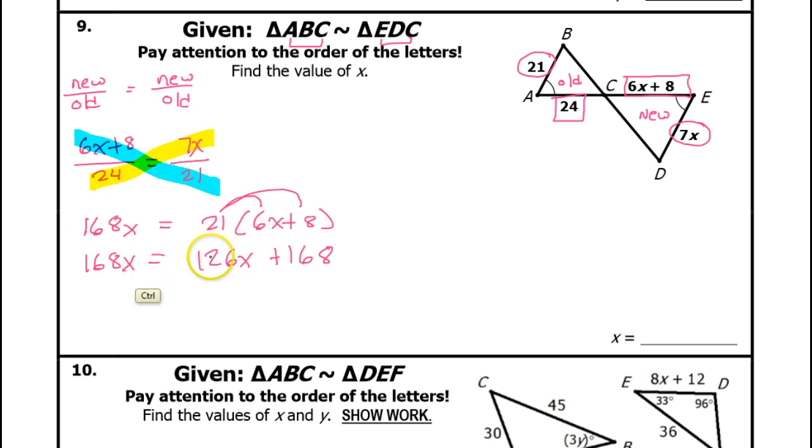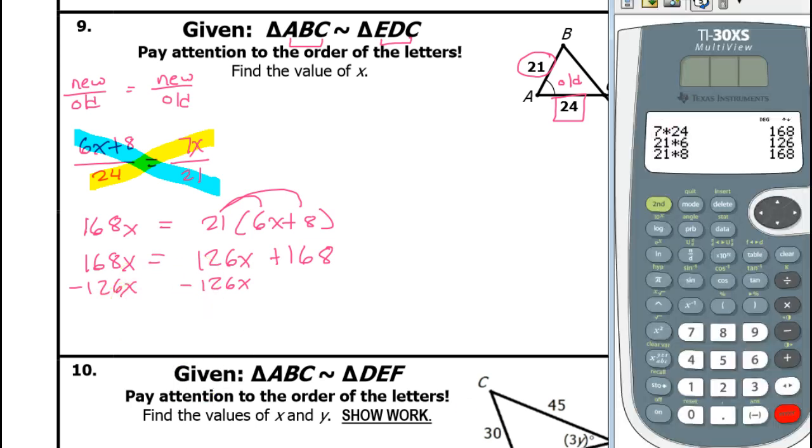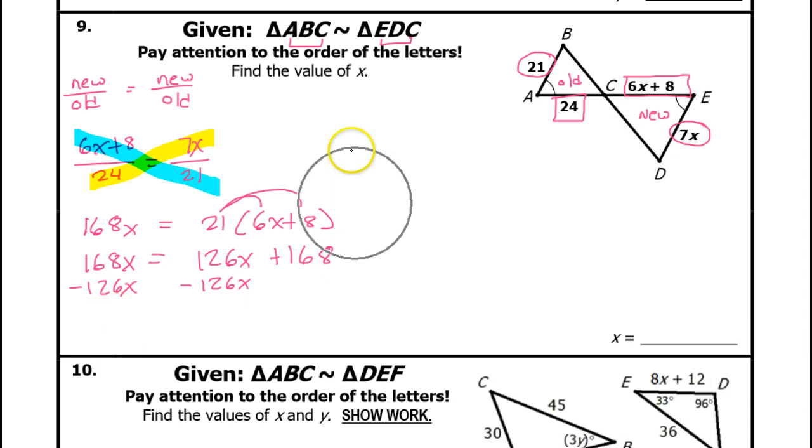I have x on both sides, so I need to subtract 126x from both sides of the equation to get those terms together. So that's going to make 42x is equal to 168.